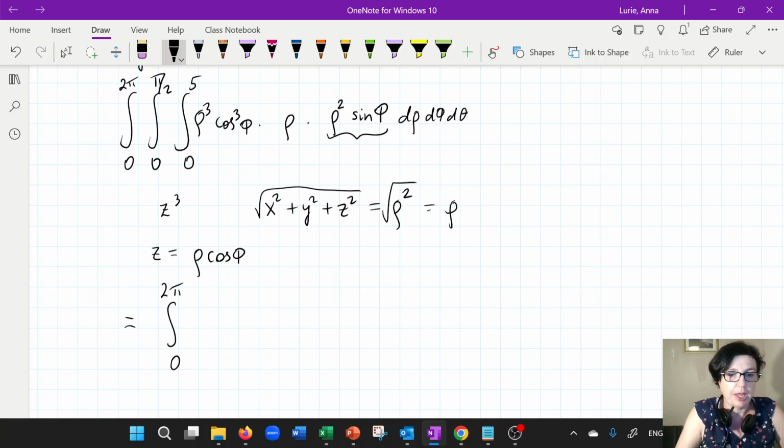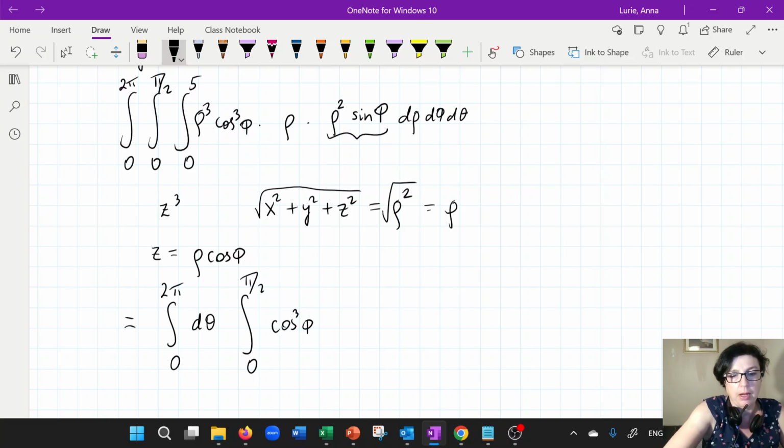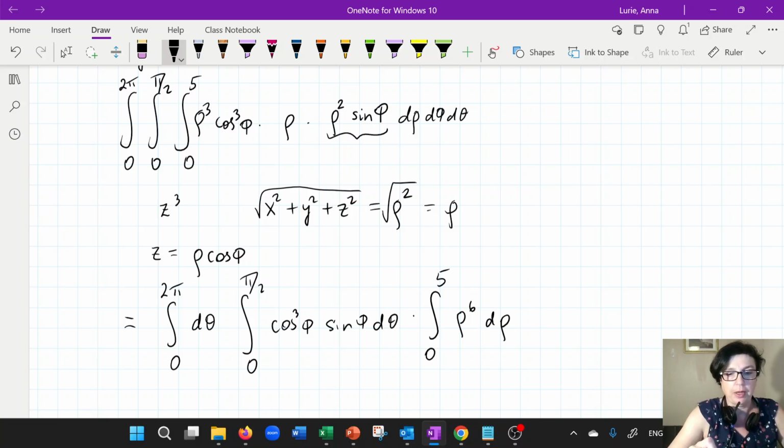There is no theta in there, so regarding theta, we'll just be integrating 1. For phi, you are integrating cosine cubed times sine. And for rho, if we collect them all, I will get rho to the 6th power, going from 0 to 5.